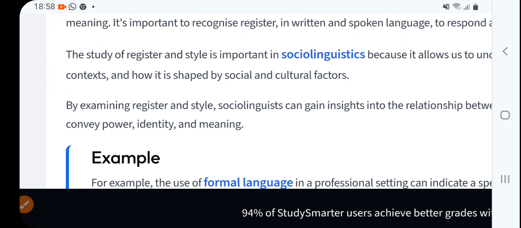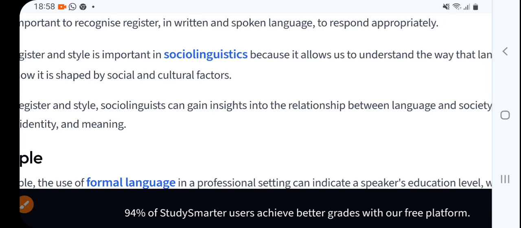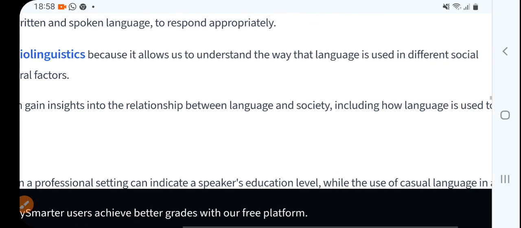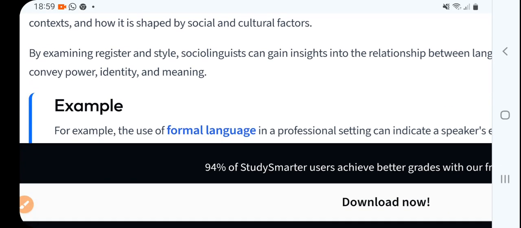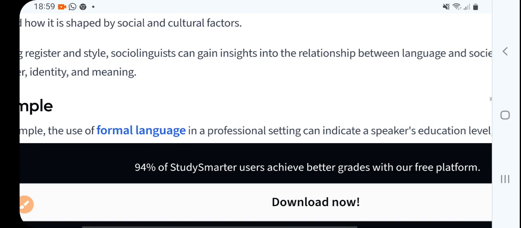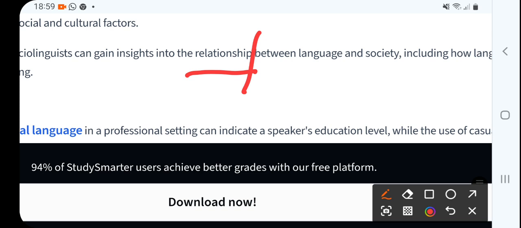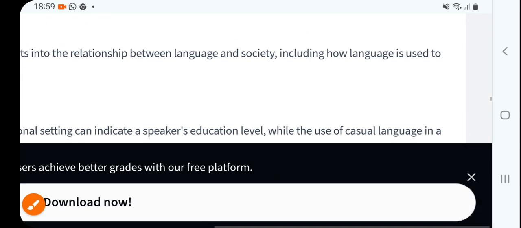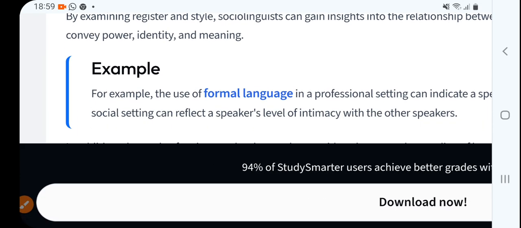And the study of register and style is important in linguistics because it allows us to understand the way that language is used in different social contexts. By examining register and style, sociolinguists can gain insights into the relationship between language and society, including how language is used to convey power, identity and meaning.